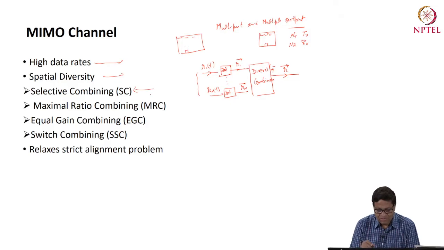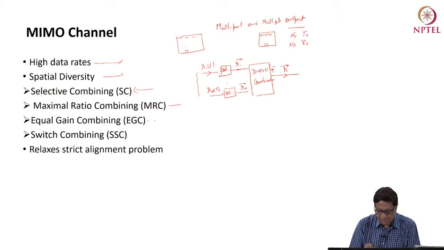So in order to do away with this procedure, one can use maximal ratio combining and then you combine in terms of weightages. You assign different weightages depending upon channel conditions and things like that. You assign different weightages to different inputs and then try to find out your output, which is called maximal ratio combining. So it takes care of the weightages in terms of channel conditions and whether you are getting low quality signal or high quality signal.